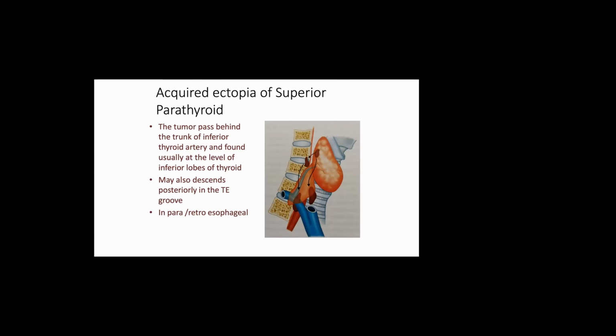But when I was operating, I saw that there was another gland, an inferior gland, that was normal. So basically, this was a descended superior gland at the level of the inferior lobes of the thyroid. It may also descend posteriorly into the tracheoesophageal groove or into the para- and retroesophageal locations.